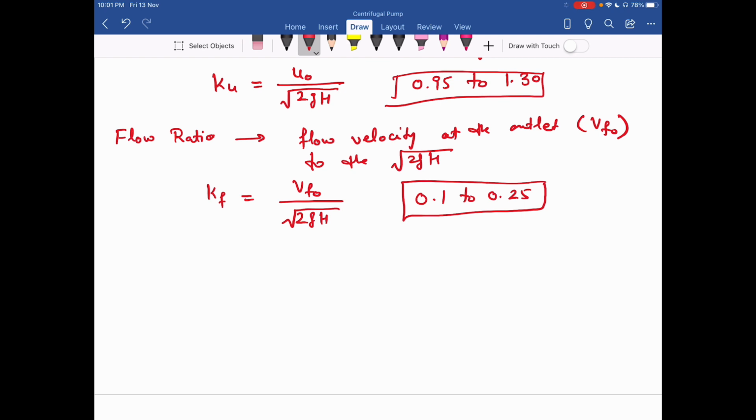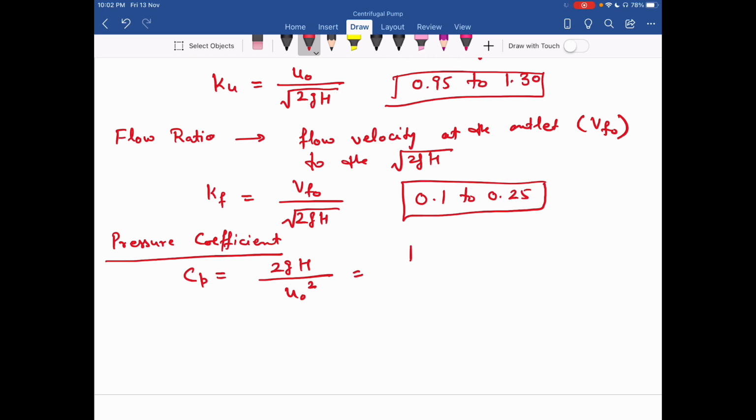Another is the pressure coefficient, that is Cp, that is 2gh divided by UO square. Okay, this is also equal to 1 divided by Ku square. That is another coefficient.